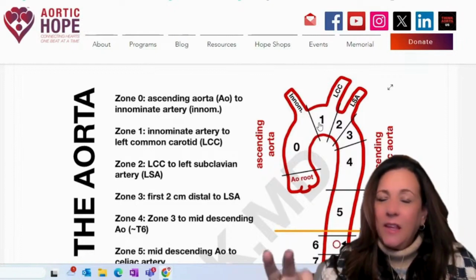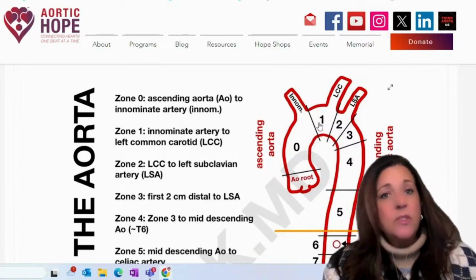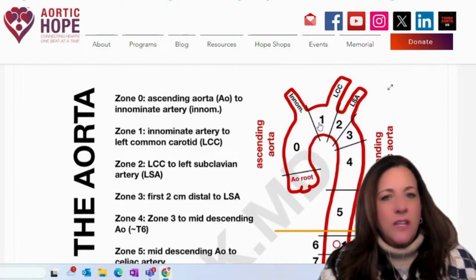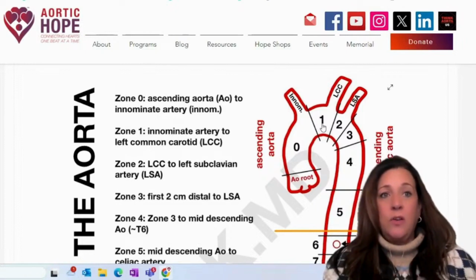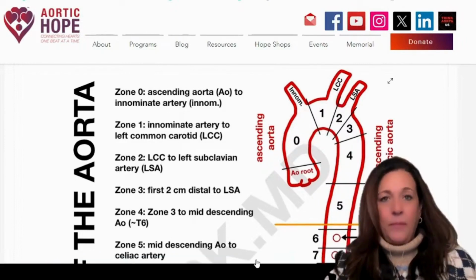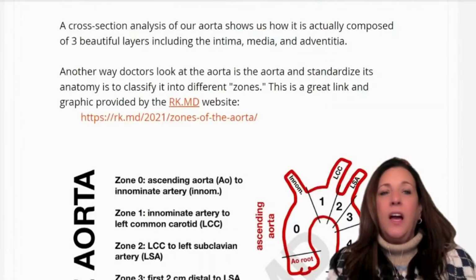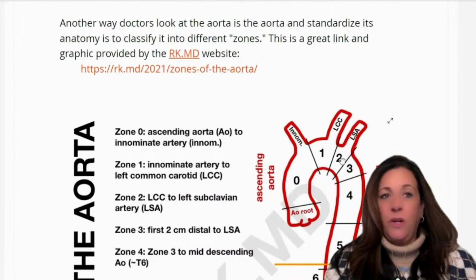Again, these are zones that the physicians, the surgeons, I'm assuming, are using to get a good sense of when they need to create a graft, right? Do they need to create a graft that includes zone 0, 1, and 2? Well, that would mean innominate artery, your left carotid and your left subclavian, right? Because you're in zone 0, 1, and 2.